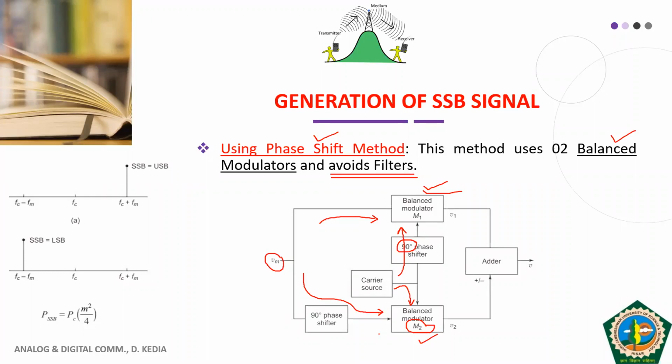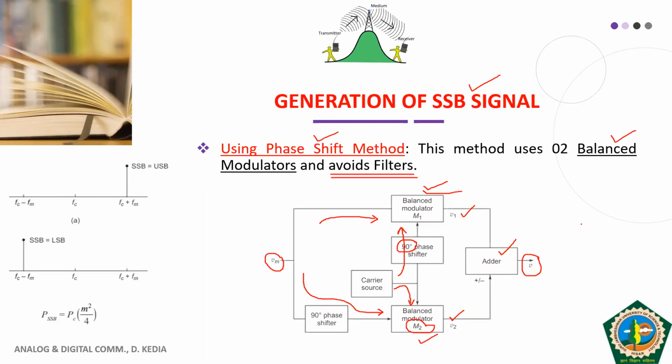In the case of balanced modulator 1, the modulating signal is as it is and the carrier is phase shifted by 90 degrees, whereas in the case of balanced modulator 2, the modulating signal is phase shifted and the carrier is as it is. Once we have obtained the outputs of the two balanced modulators, we can either add or subtract them. And finally, at this point we get the SSB signal, that is, the single sideband signal.